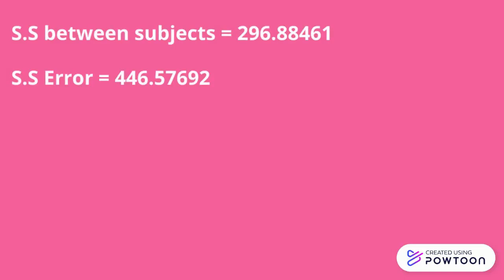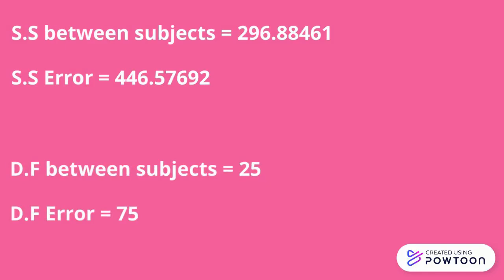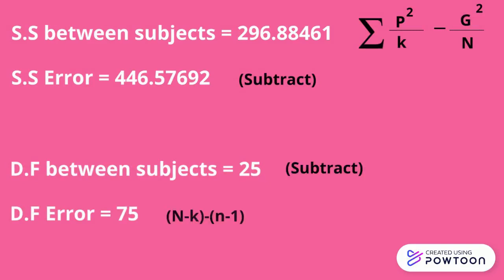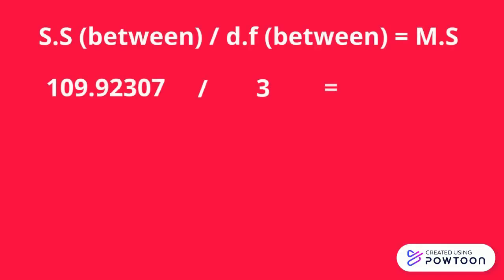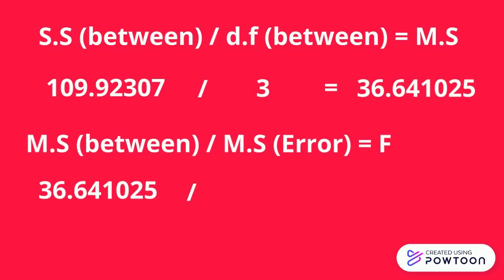Next information we want to find is sum of squares between subjects, sum of squares of error, degrees of freedom between subjects, degrees of freedom of error. To find each of these numbers, I have provided formulas below. In our final steps, to find the mean of squares for between, we will take the between sum of squares and divide it by degrees of freedom between.